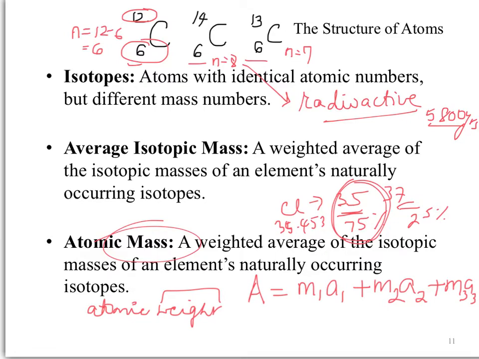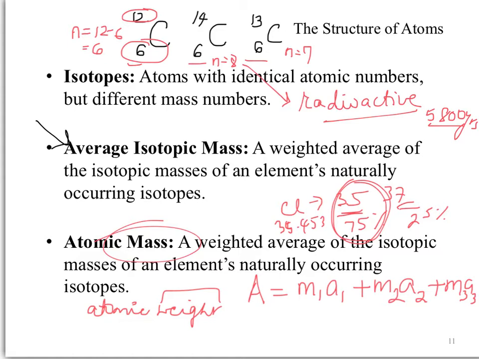So let's talk about the third term that you can see on this slide, which is the average isotope mass, sometimes also referred to as the relative isotopic mass. Two things. If I just say isotopic mass, that would basically mean the mass of a certain isotope. For example, for C12, it will be 12 point whatever. For C13, it will be 13 point, so on and so forth.